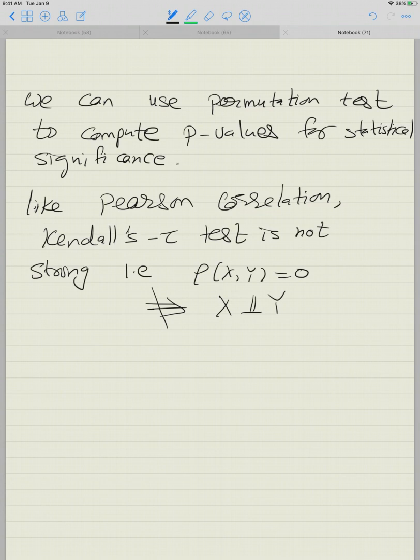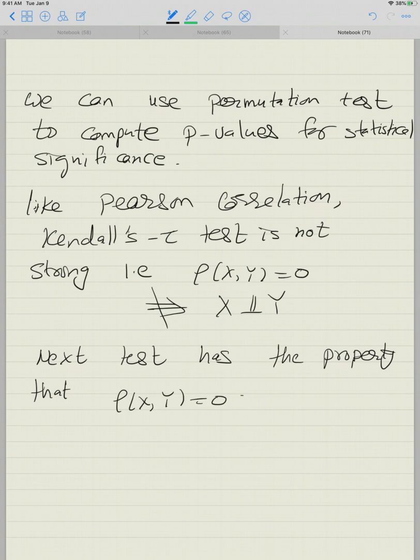We can just say the variables are uncorrelated. They are not independent. So the next two tests that we will study have the main property that if rho of xy is 0, then x and y are actually independent of each other.